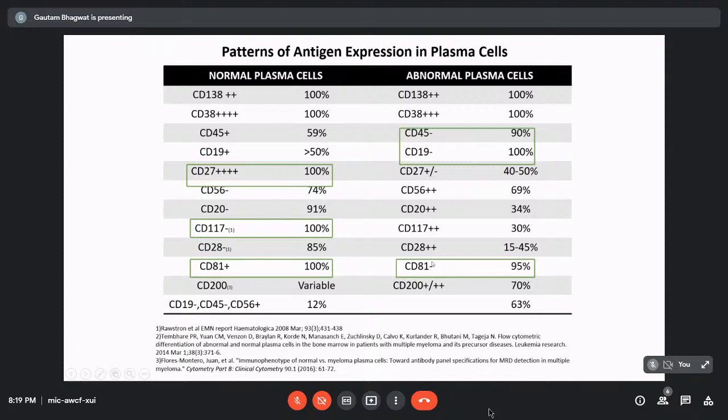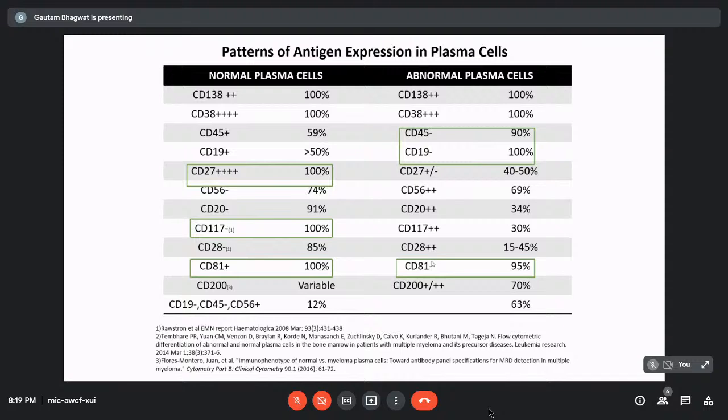So knowing this, we do the analysis of plasma cells. Another important marker is kappa lambda restriction. So either kappa restriction or lambda restriction indicates clonality, and by looking into all this we can come to whether the abnormal plasma cells are present or not.